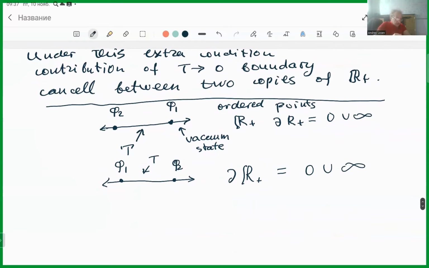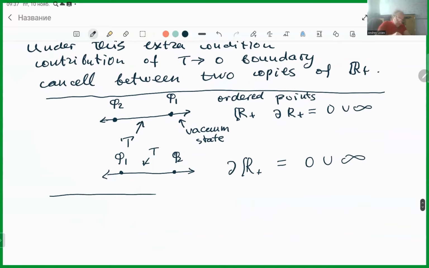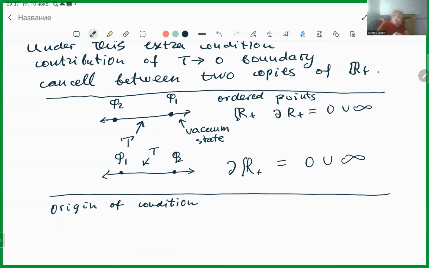So here I want to make a remark. A remark is something that is good for understanding, but not necessary. The origin of the condition that phi1, phi2 commutator, or graded commutator, equals 0.